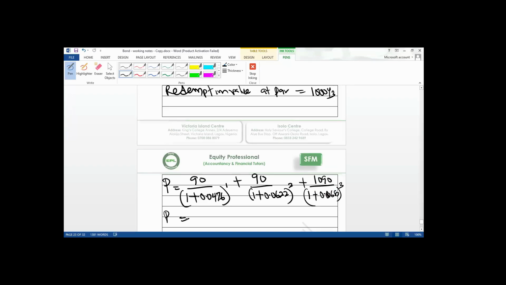What is the price of this bond? Please apply or calculate and tell us the price of the bond.